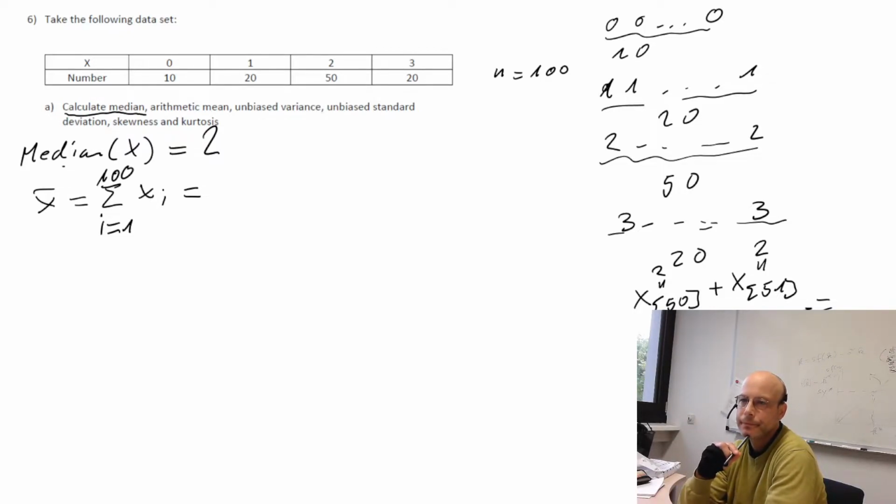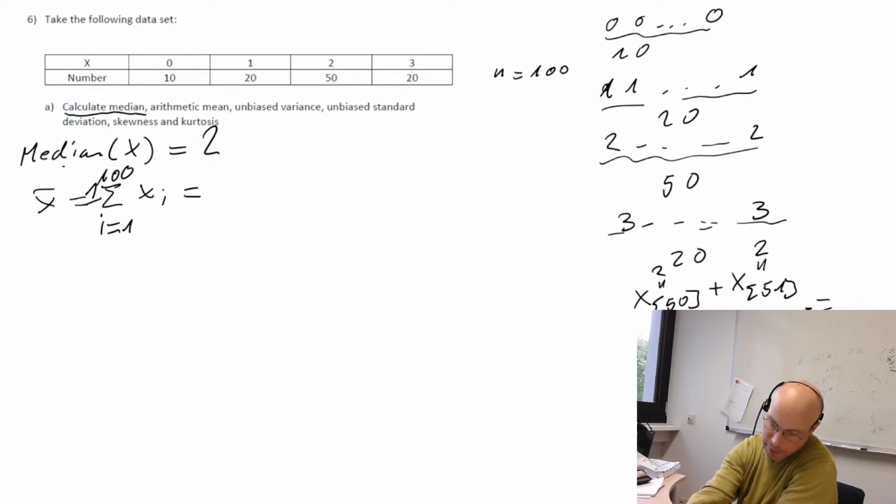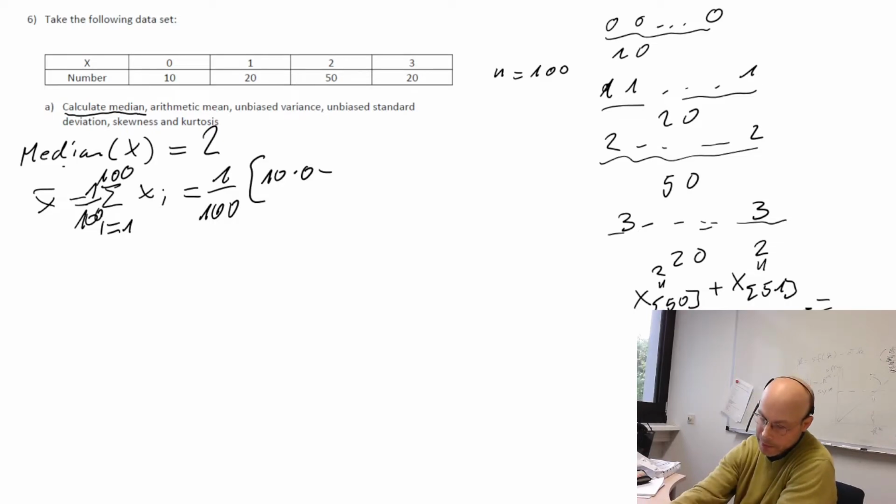And this will be, so we have 1 over 100, it's missing. 1 over 100 times 10 times 0 plus 20 times 1 plus 50 times 2 plus 20 times 3.